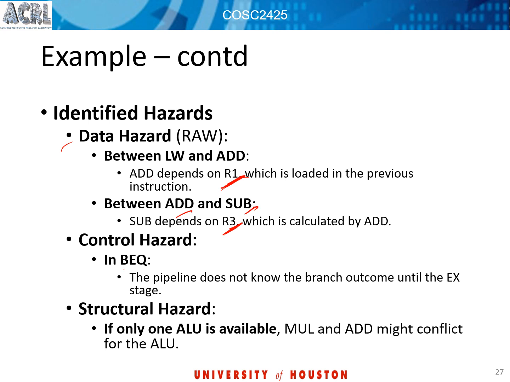Since we are having a conditional branch, there is a chance where the pipeline does not know the outcome unless this particular branch is past the execution stage, and so that creates a potential control hazard for this program.